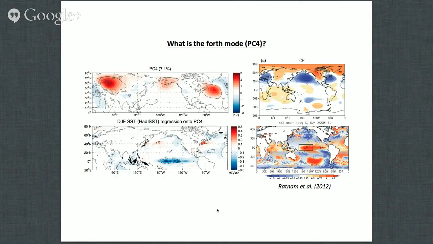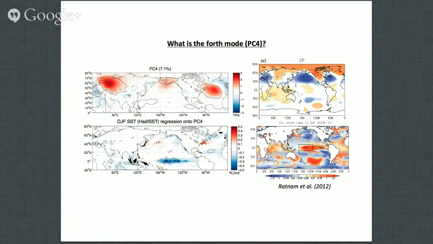The right panels show the results from a study by Lee et al. In this study, they took this central Pacific SST anomaly and superimposed it on the climatological SST cycle, and forced an atmospheric general circulation model.